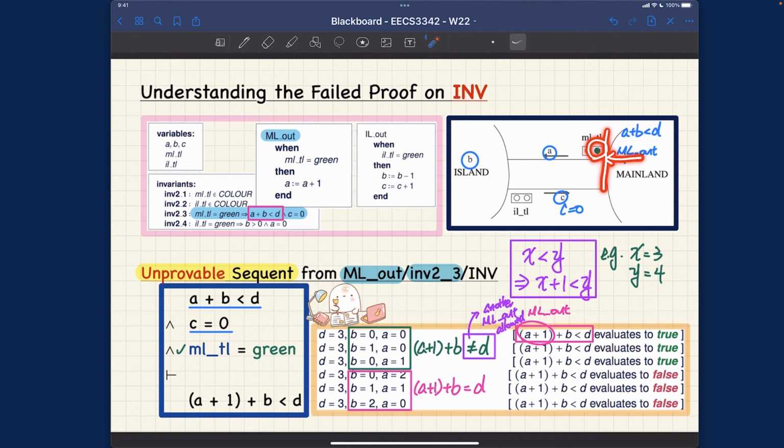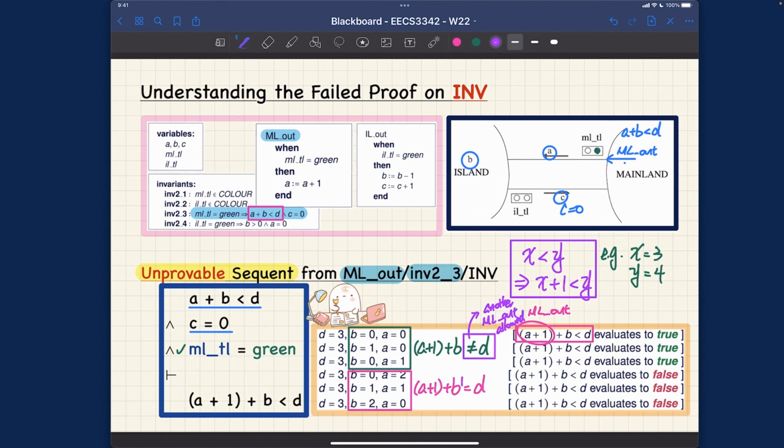Alright, so we are talking about 2 scenarios, and somehow these two scenarios are not distinguished properly in a single ML out event. So that's why we might want to split the ML out into 2 cases in terms of their guards. That's something I will talk about. But I think it's more important for you to understand the derivation process for the fixing. And let me write it down over here.